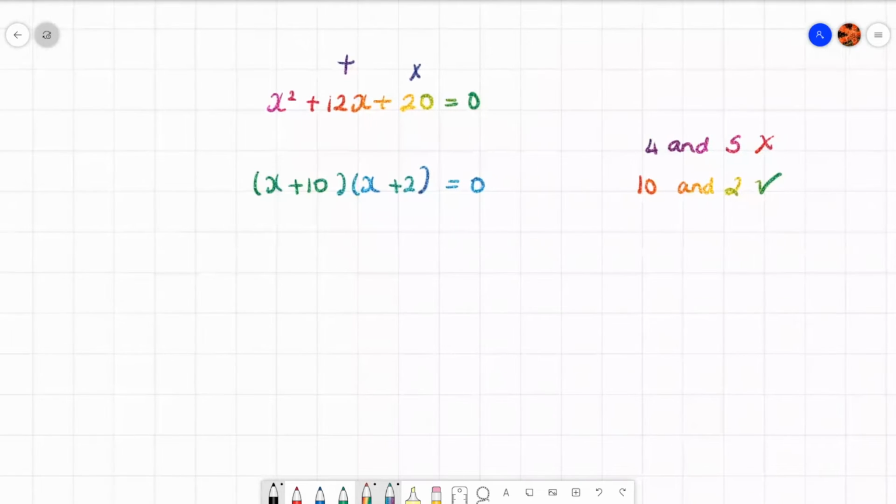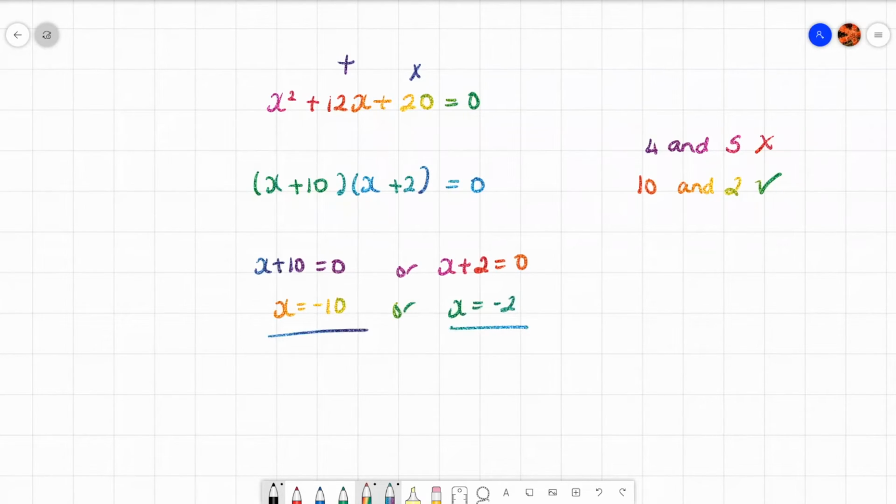Make each bracket equal to 0 then. So x plus 10 equals 0, or x plus 2 equals 0. x equals minus 10, or x equals minus 2. And that's where they cross the x-axis. They cross the x-axis at minus 10 and at minus 2.